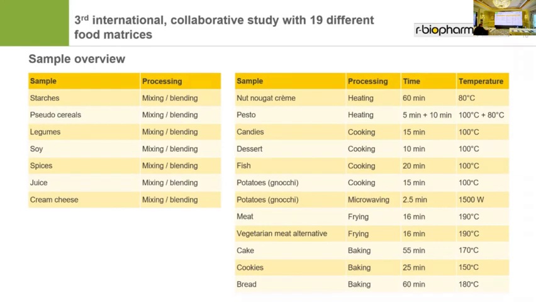Further on you see that we changed the time of processing from a few minutes up to 1 hour, and you see different temperatures. Some foods were processed at 80 degrees Celsius, others were processed at nearly 200 degrees Celsius.